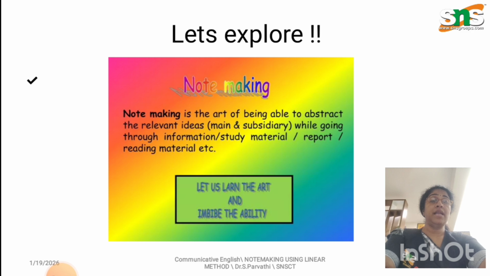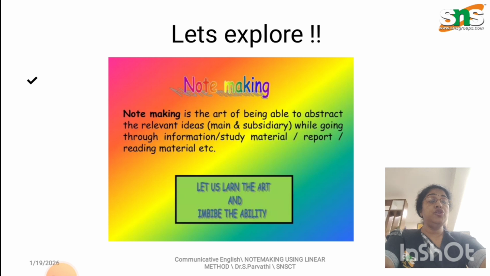Let's explore what note making is. Note making is the art of being able to abstract the relevant ideas. Here you have to fix the title of the passage, and also note down all the sub points while going through all the information, all the study materials, or when we are about to read some reports or other reading materials.